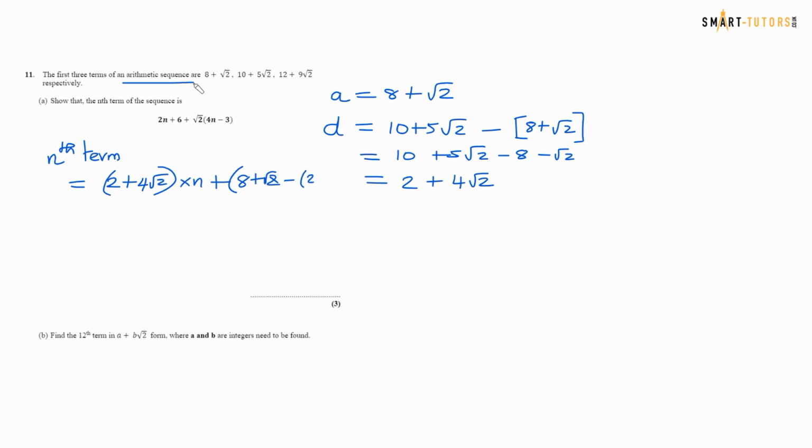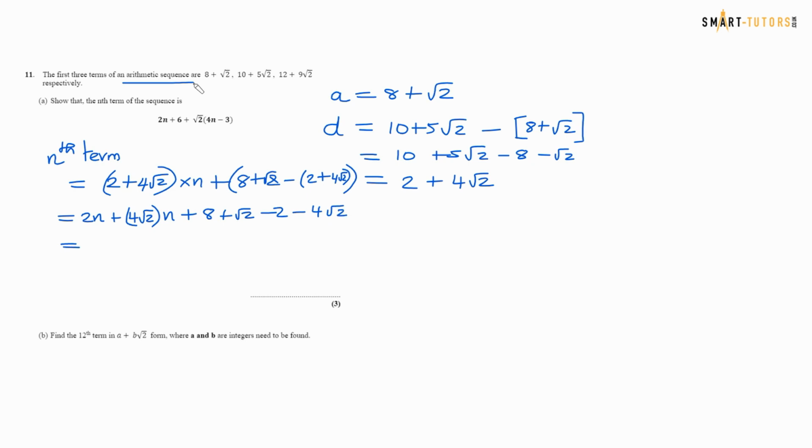The difference is 2 plus 4 root 2. If you simplify this, it is 2n plus 4 root 2 n plus 8 plus root 2 minus 2 minus 4 root 2.